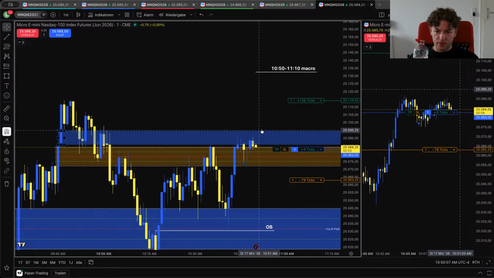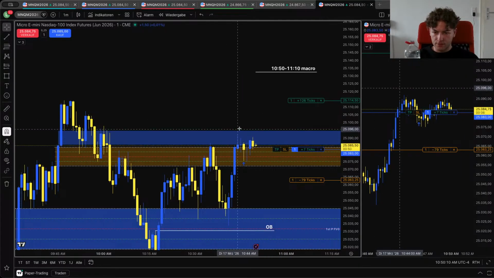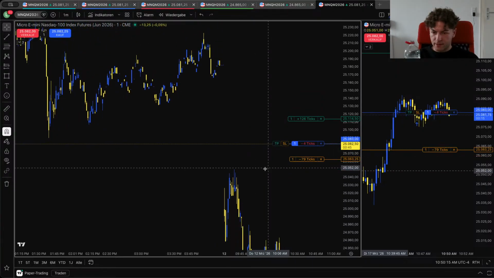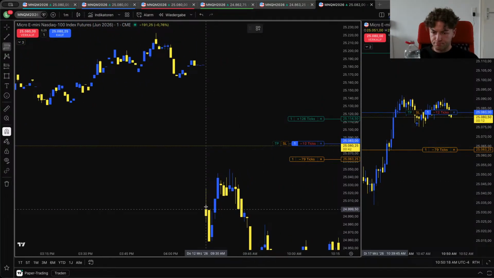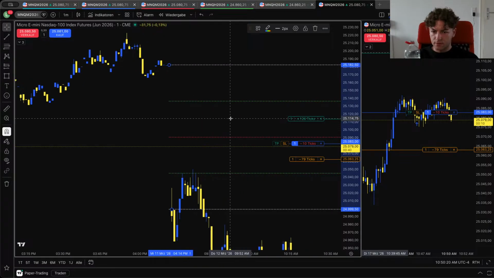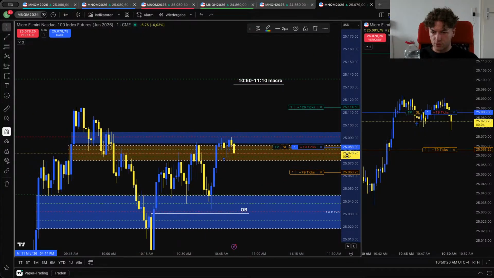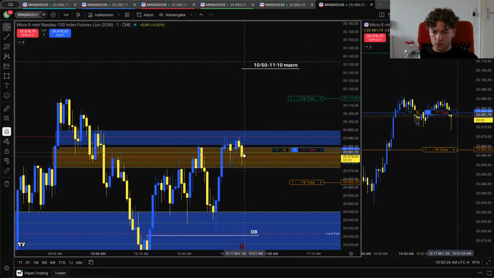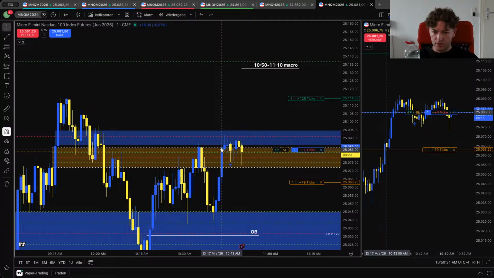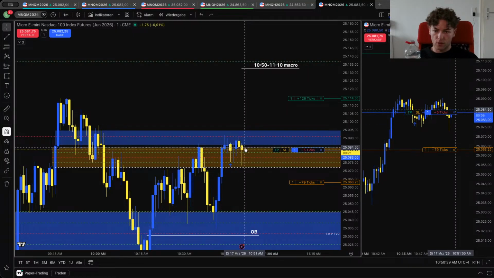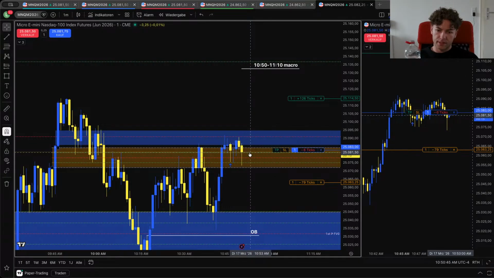I will definitely want to see price get above this Fair Value Gap because we are respecting Thursday's fair value gaps, opening range gap midpoint. So this is definitely something you don't want to see if you go long. So retracement down into this fair value gap. Only a wick so far.